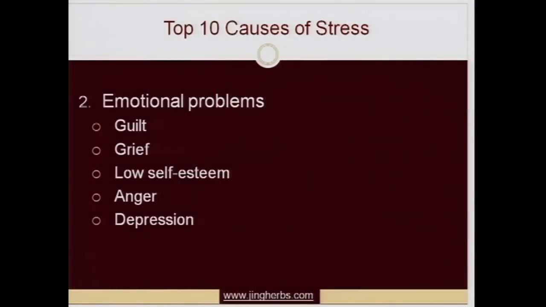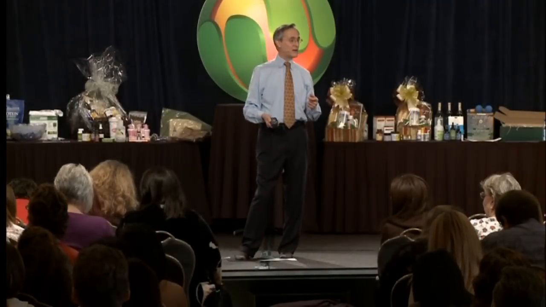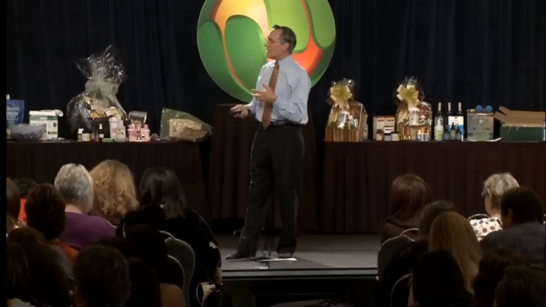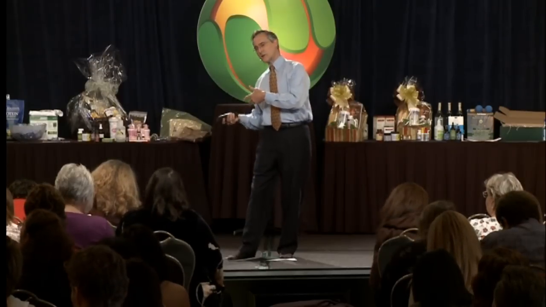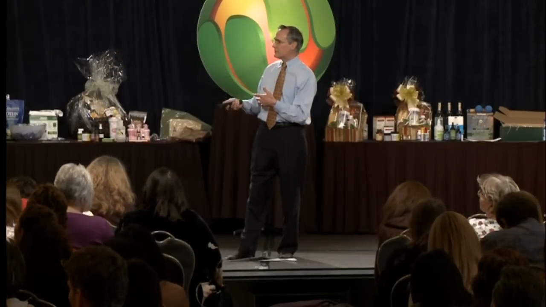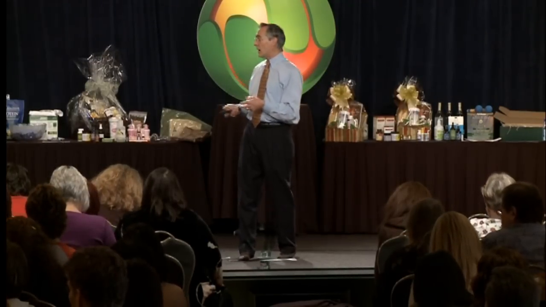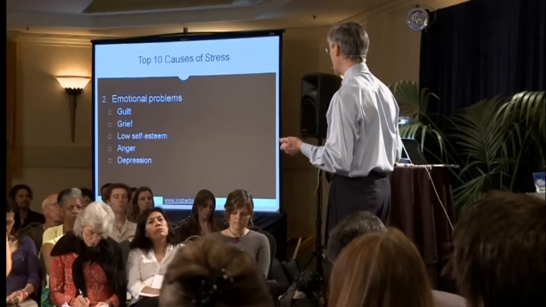Number 2, emotional problems: guilt, grief, low self-esteem, anger, and depression. Anger and depression can very often come from a feeling of low self-esteem, where people just don't allow themselves to come forward and be the people that they are, which leads to anger about themselves and then eventually can lead to stress.